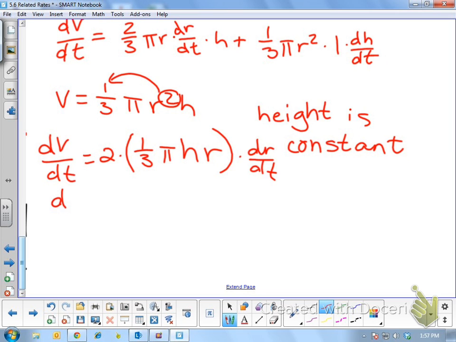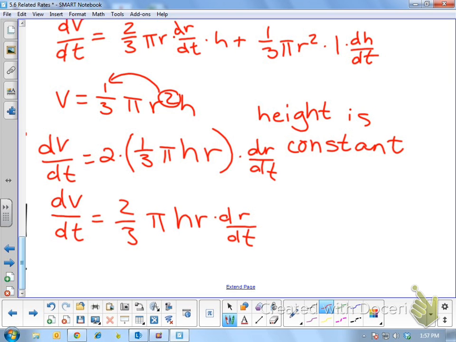Usually we would just automatically do the multiplication and get 2/3 pi hr or rh, it doesn't matter. So if I tell you to keep it constant, we don't have to differentiate it with respect to time. That is a possibility, to keep something constant when you're working. That's a good real life example.